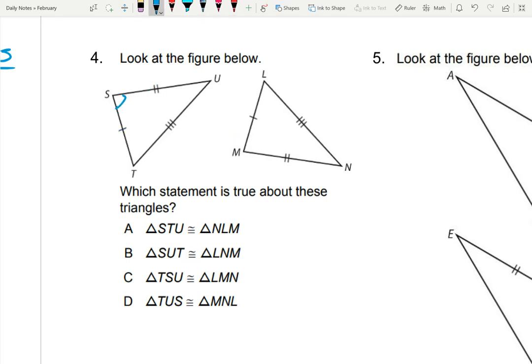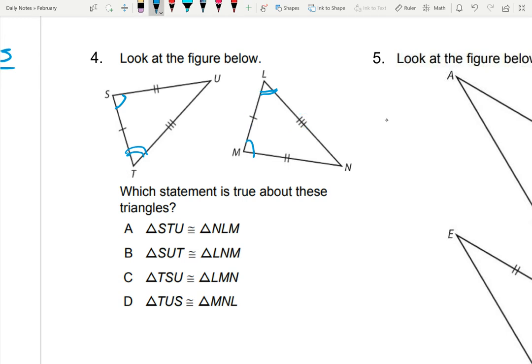Let's say, S is congruent with M. They correspond. T is the angle between the sides with 1 and 3 tick marks.